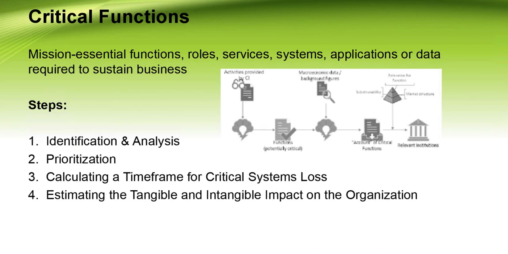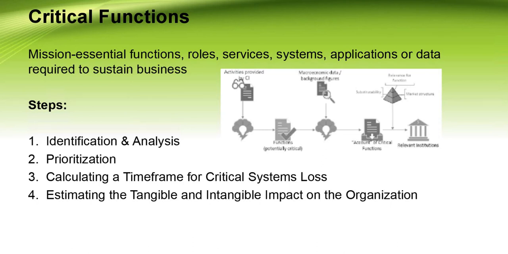Critical functions. A business impact analysis is a key component in ensuring continued operations. For this reason, it is a major part of a business continuity plan (BCP) or continuity of operations plan (COOP). The focus is ensuring the continuity of operations of key missions and business processes.